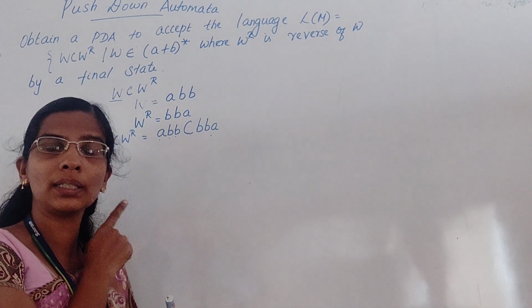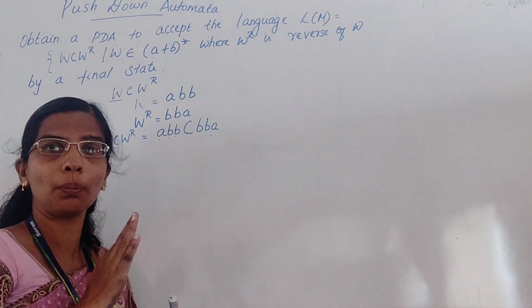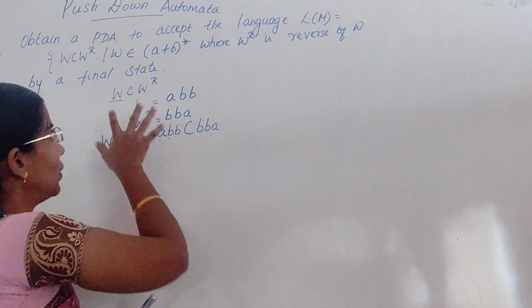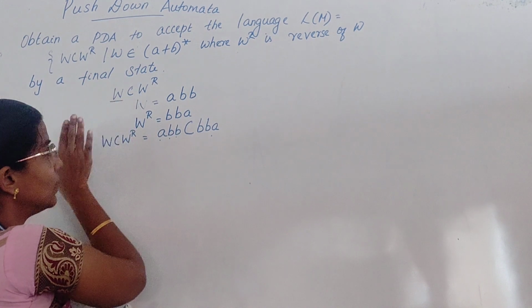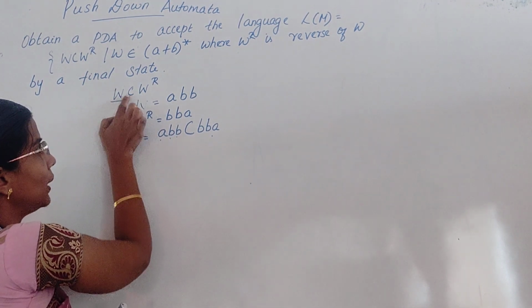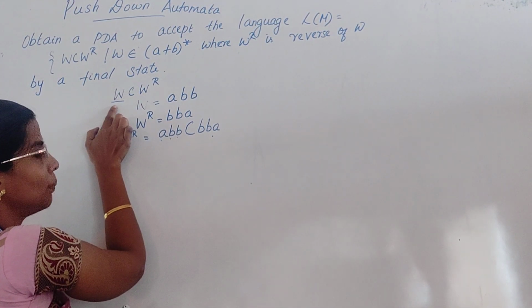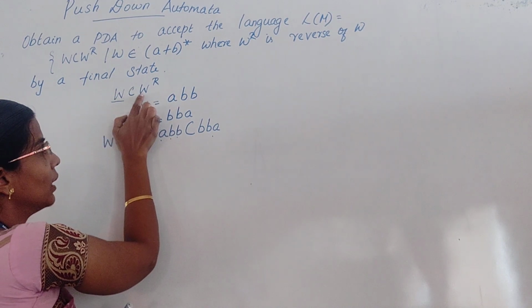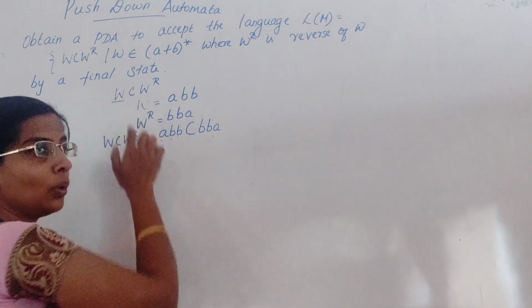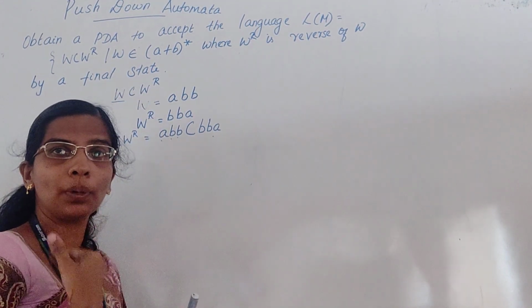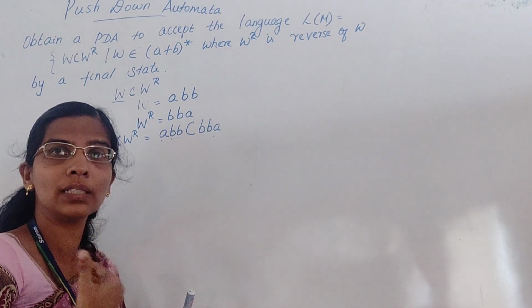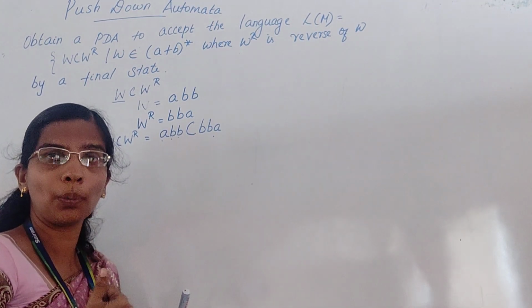The first half means this complete W I push inside my stack, and when I reach the reverse of W, I try to pop if the condition is satisfied.